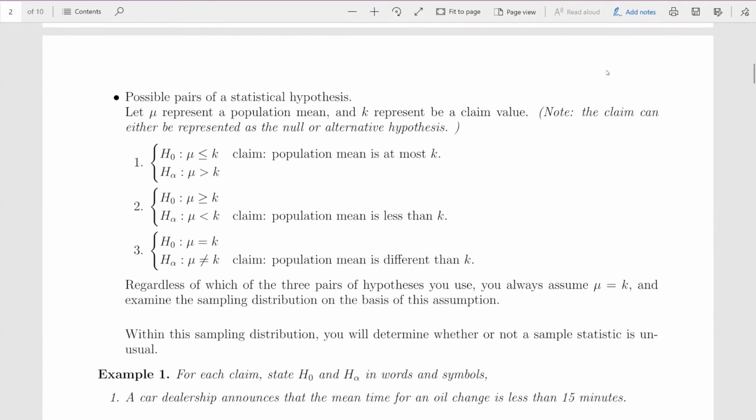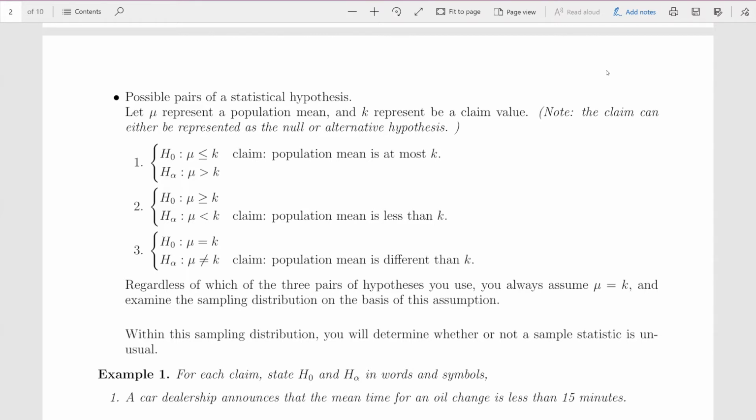And the last case of hypothesis statement pairs is when the null hypothesis says the population mean equals k, then the alternative is that the population mean is not equal to k. So there are only three possible hypothesis statement pairs that you can come up with in hypothesis testing.